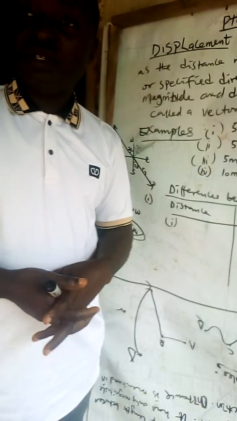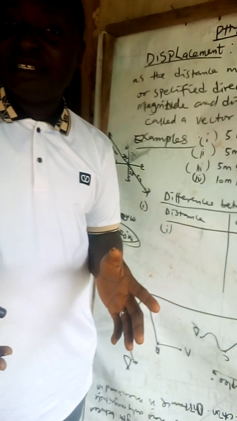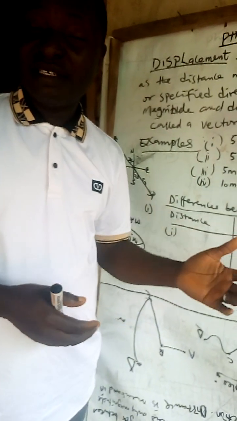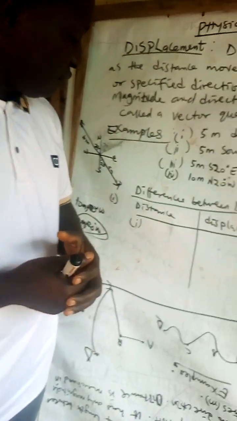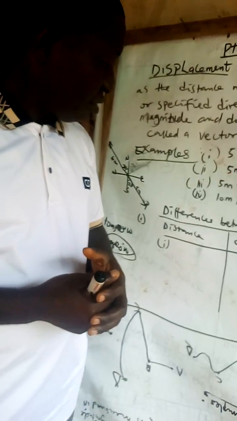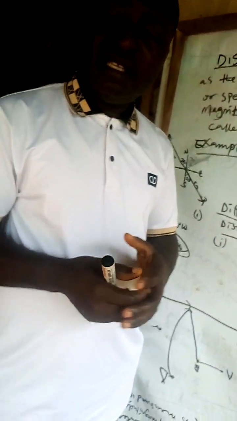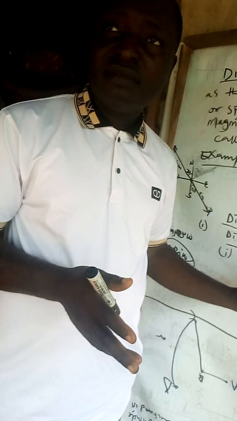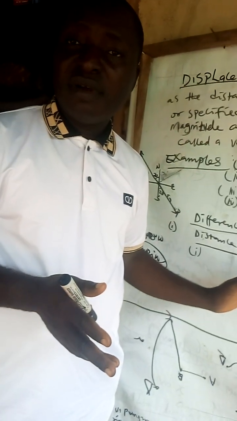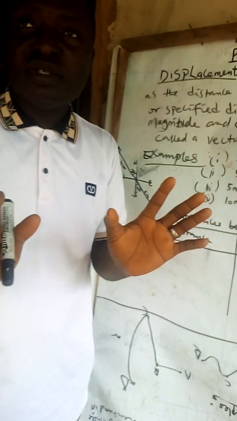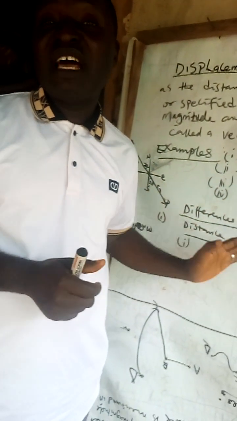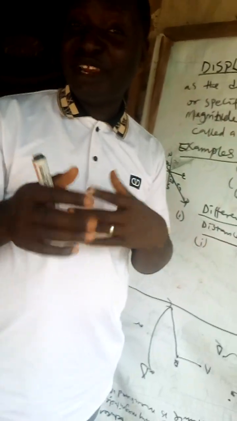The third one, you can say that borrowing from number one, that distance is a scalar. Okay? Yes, distance is a scalar. But then, let's have only two similarities, both having magnitude. That is talking about scalar.